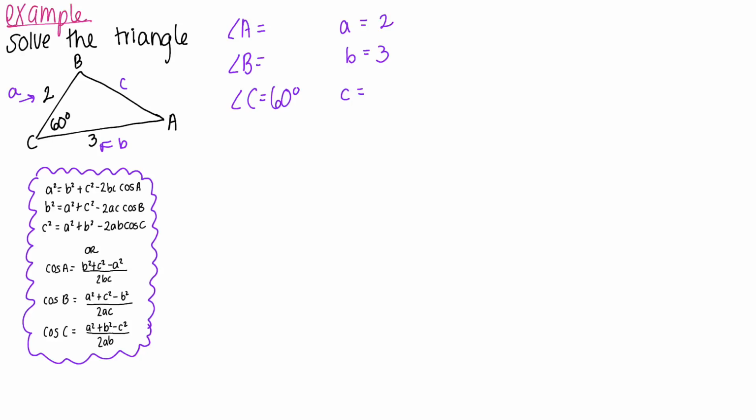When you're doing law of cosines, you're always starting by solving for the side length opposite to the known angle. So if you have a known angle, you want to start with solving the side length opposite to it. So in this case, that would be solving for this one right here.